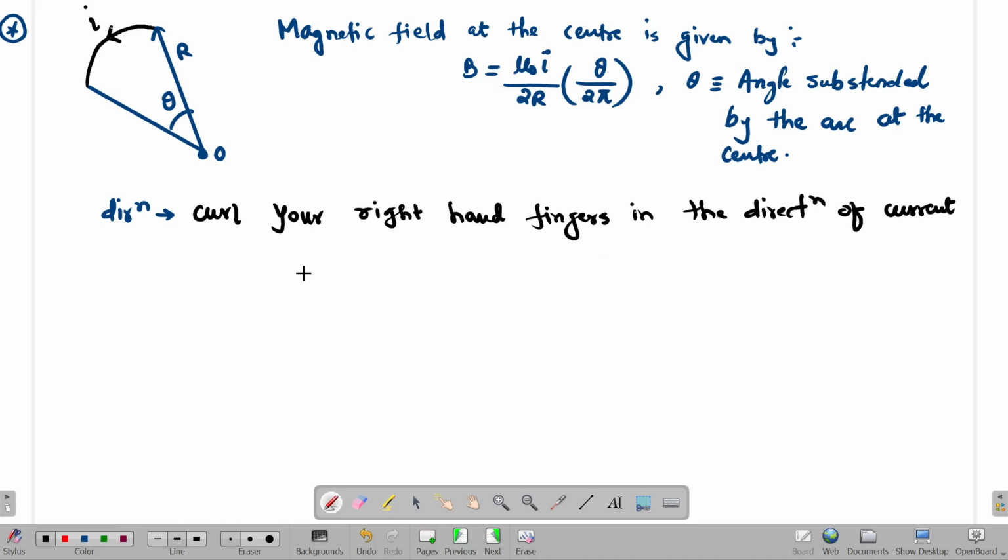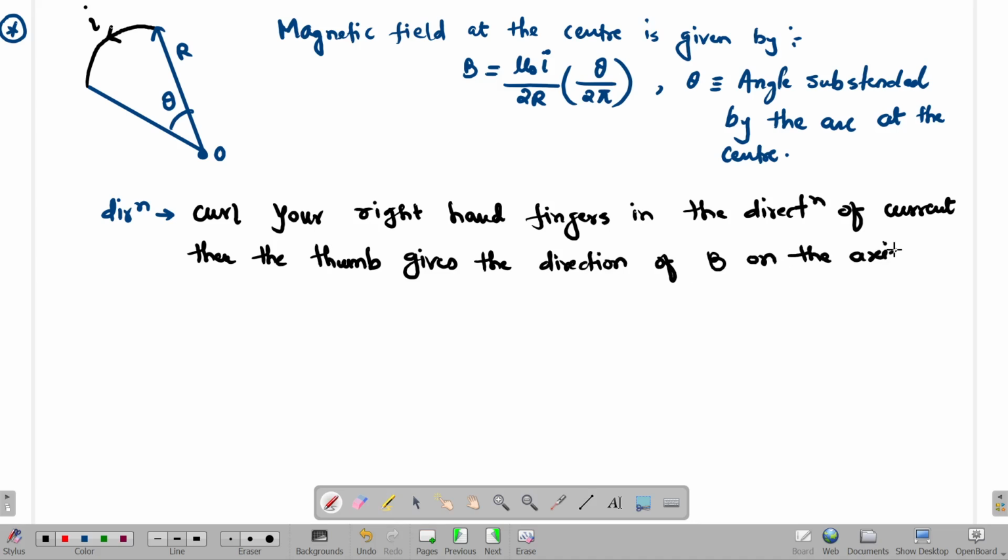You will curl your right hand fingers in the direction of current. Then the thumb gives the direction of magnetic field on the axis of the coil. It will not be anywhere else. It will always be directly on the axis of the coil. Are you able to get me? Is it clear?